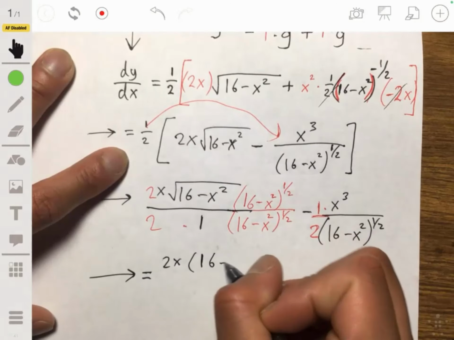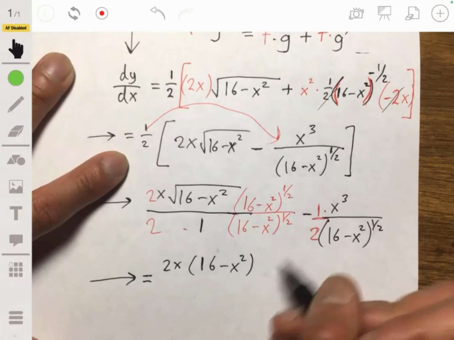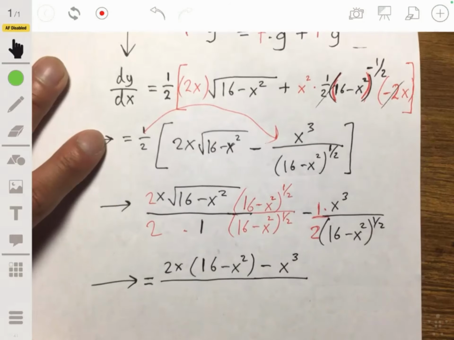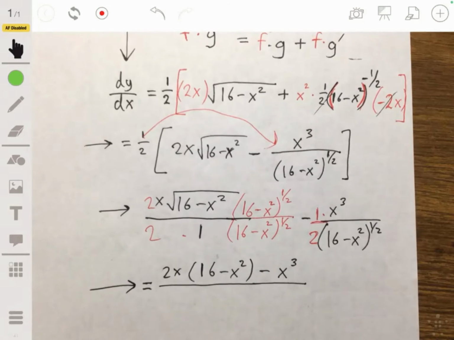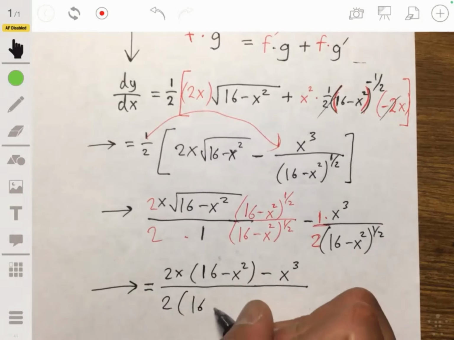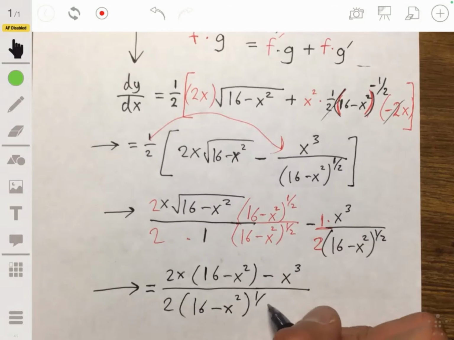So that makes 16 minus x squared, minus x cubed on top, all over 2 times 16 minus x squared to the 1/2.